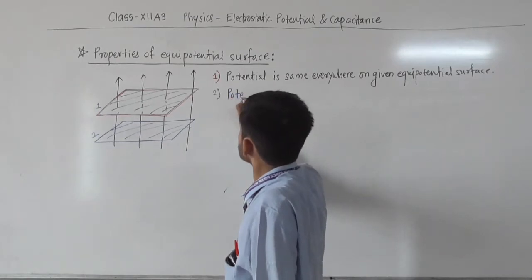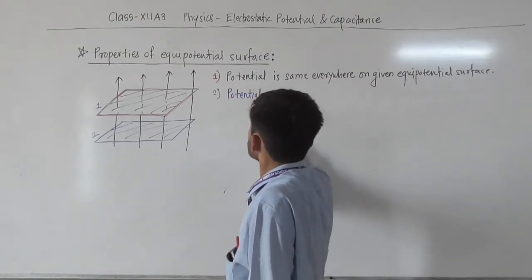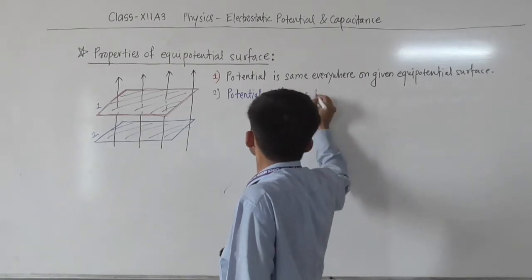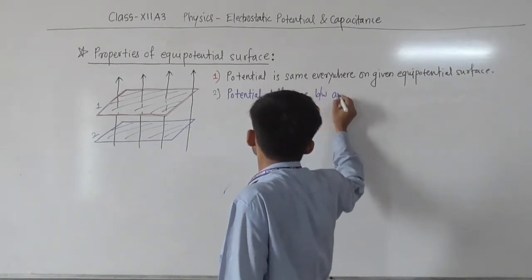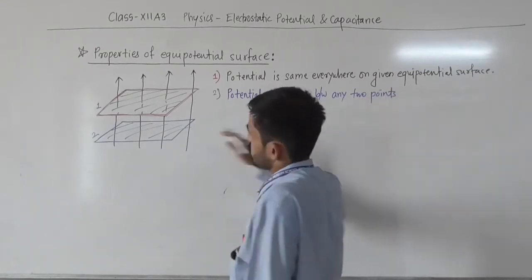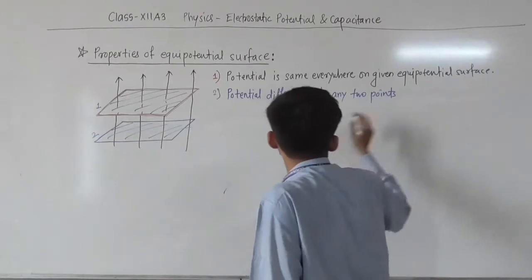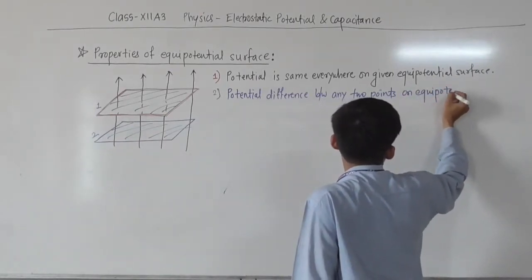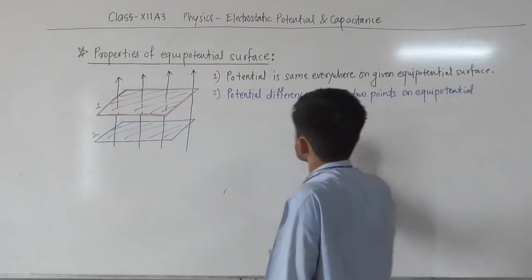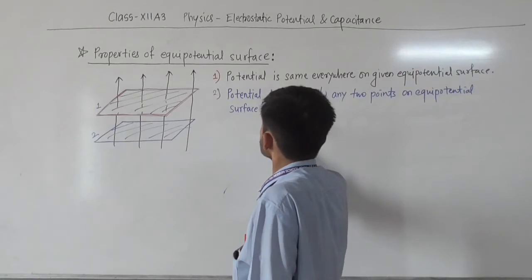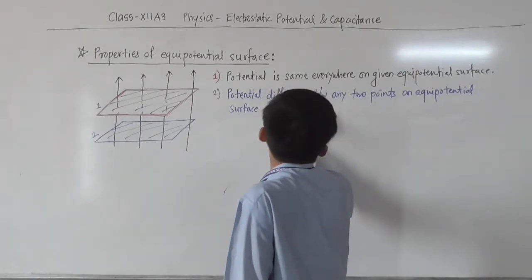Second is potential difference between any two points on equipotential surface is always zero.